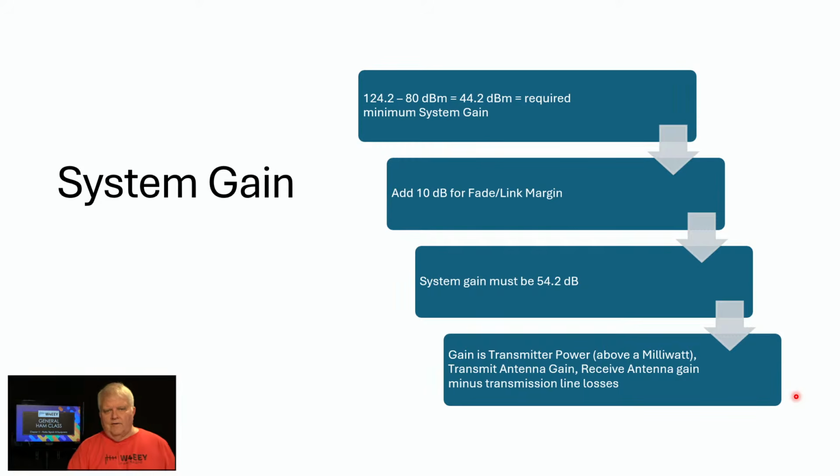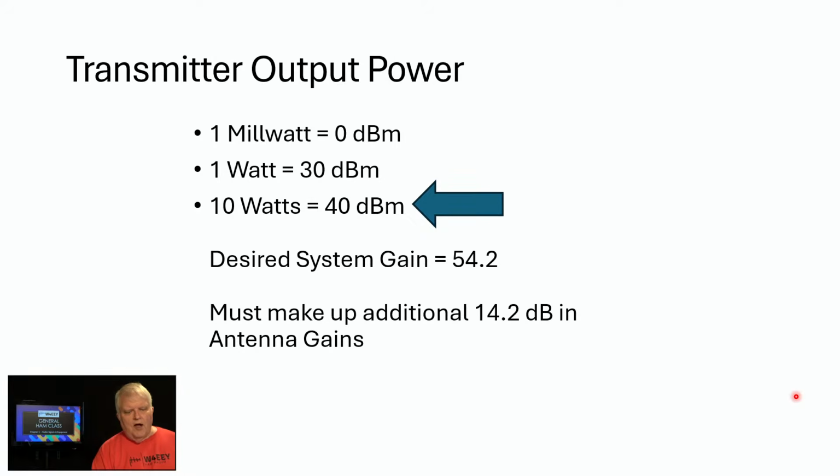All right, so we've talked about output power, but how does that correlate with what we're talking about now? Well, transmitter output power, 0 dBm is the same as 1 milliwatt from a 50 ohm transmitter. 1 watt is 30 dBm, and 10 watts, that's the system we have, has an output power of 40 dBm.